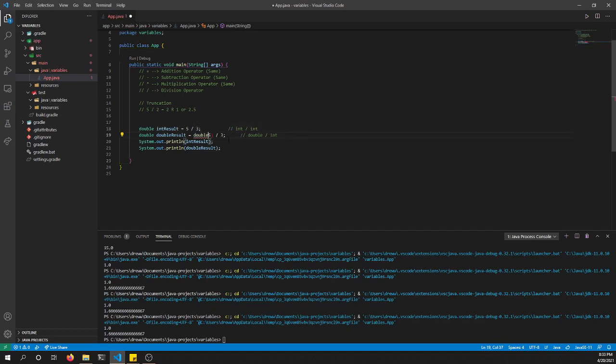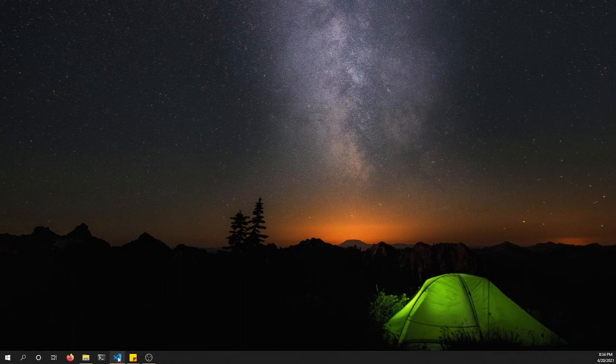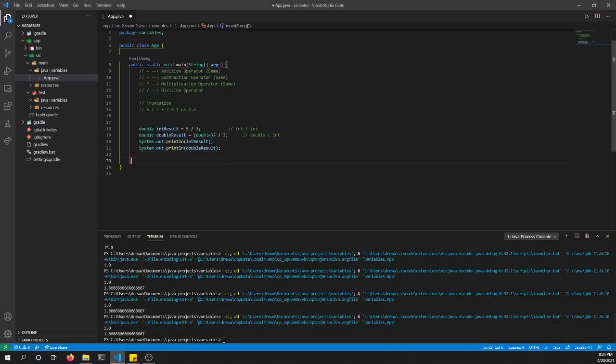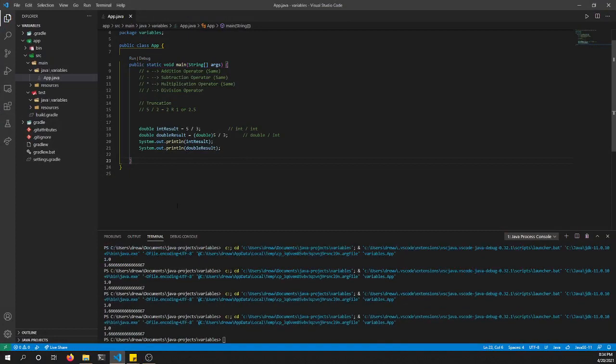Let me fix my syntax. Oops, sorry, closed that out, didn't mean to. So we'll save that, run it. And now I get the right answer again. So there's a few ways to handle this, but this is probably the most straightforward. In fact, it may be the case, let's see if Java likes that. Yeah, you don't even need the 0, just a decimal point will suffice.